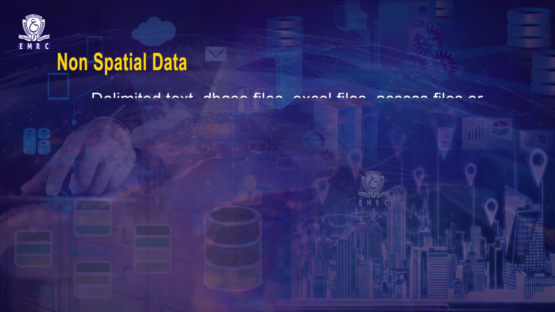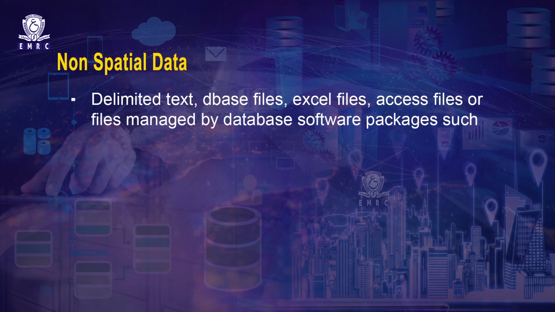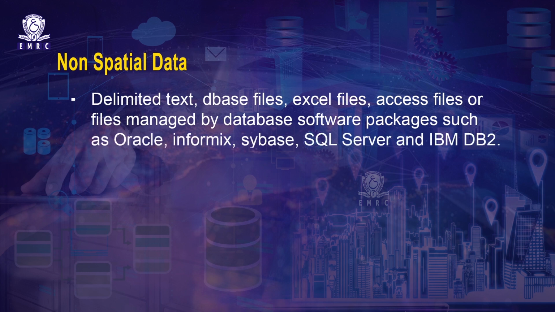Tables of non-spatial data may exist as delimited text, dBase files, Excel files, Access files or files managed by database software packages such as Oracle, Informix, Sybase, SQL Server and IBM DB2.